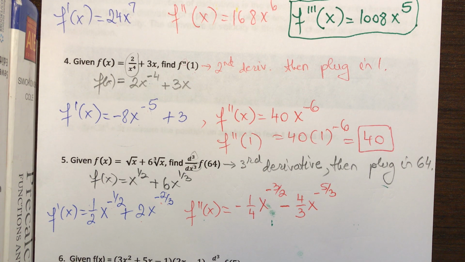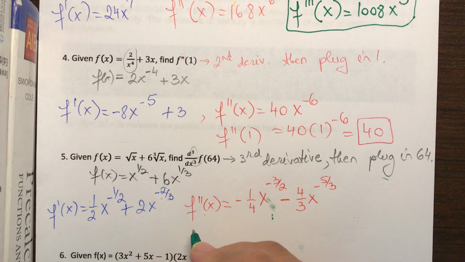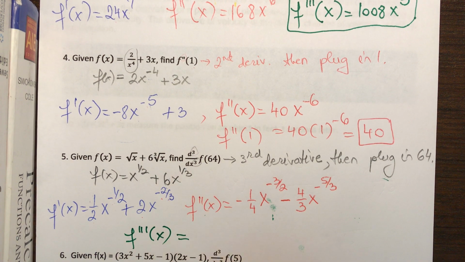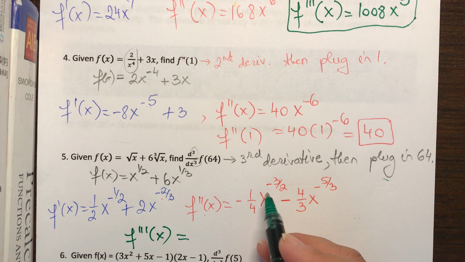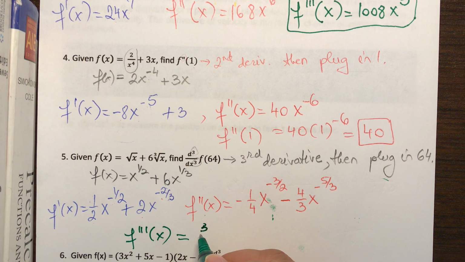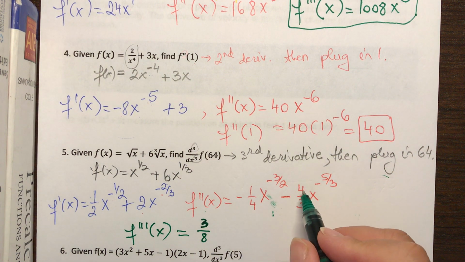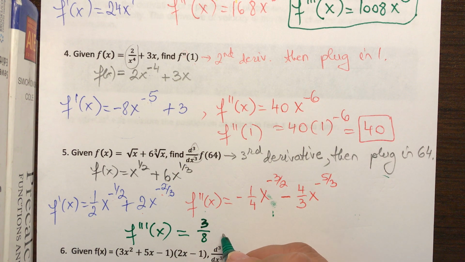And now find the third derivative. I'm going to go down here. Negative 1/4 times negative 3/2. Negative times a negative is a positive 3/8. Yes? Well, fractions are to be multiplied straight across. Oops, I forgot about the x's.